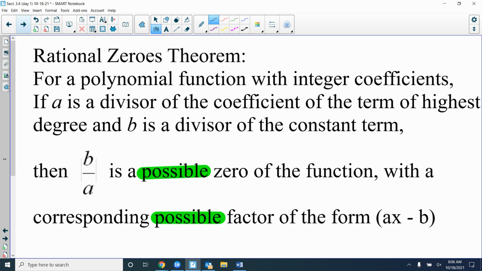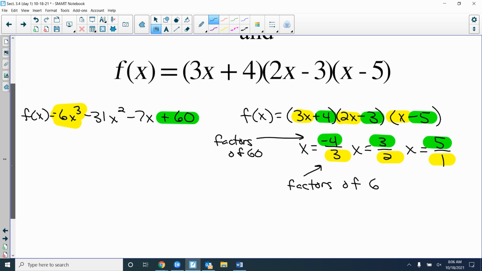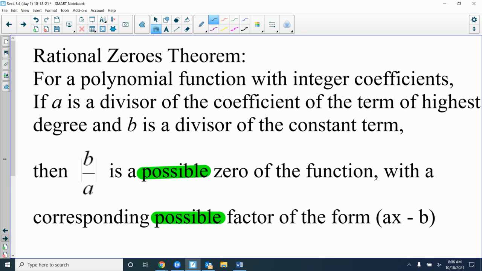All we did here was try to build up why the rational zero theorem works. These first terms multiply together to give me the first term, and the last terms multiply together to give me the last term. So here's your rational zeros theorem.